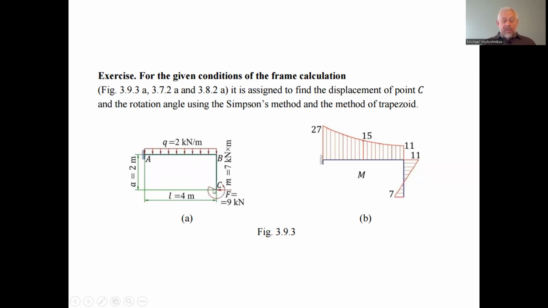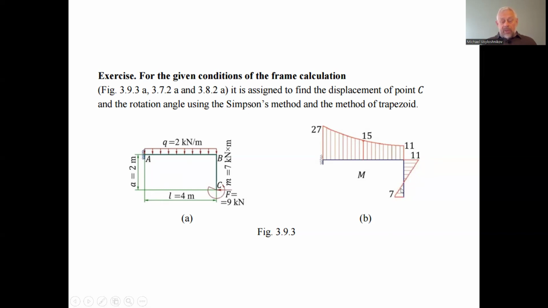The magnitude increases from the point of application of the force to point B by the arm 2, and this is a linear diagram. Concentrated force 9 multiplied by the arm 2 is equal to 18, and we have another direction of the moment 7 and the action of the force, another influence on the sign of the magnitude of the bending moment.